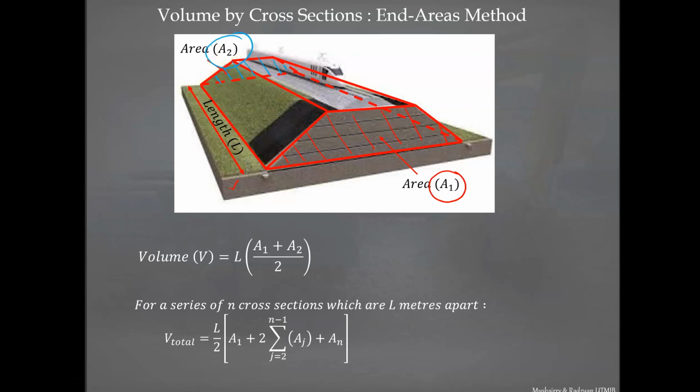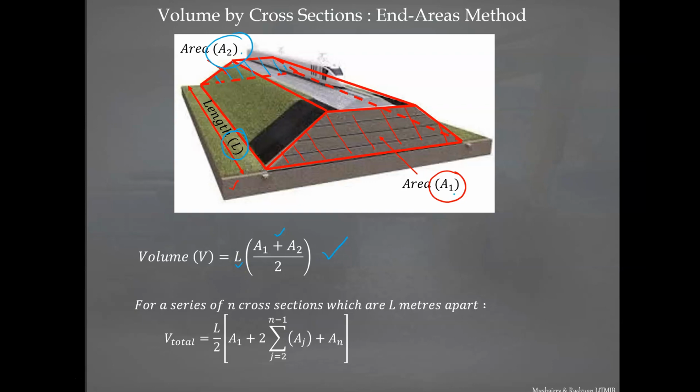If those two sections are separated by a distance L, the volume is simply given by the mean of those two areas, A1 and A2, multiplied by the distance L. That will give me the volume.